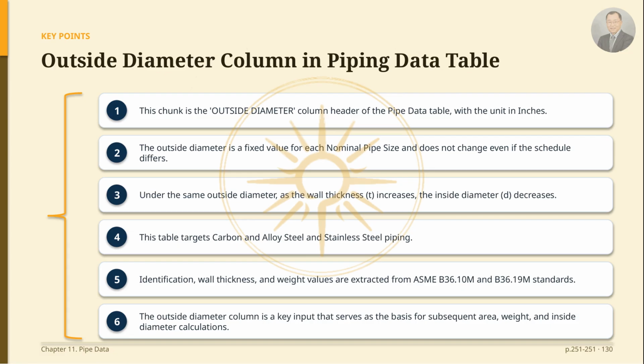This entire table covers carbon steel, alloy steel, and stainless steel pipes, and the identification information, wall thickness, and weight values are extracted from the ASME B36.10 and B36.19 standards. The outside diameter column becomes the core input value that serves as the basis for the subsequent calculations of metal cross-sectional area, weight, and inside diameter.